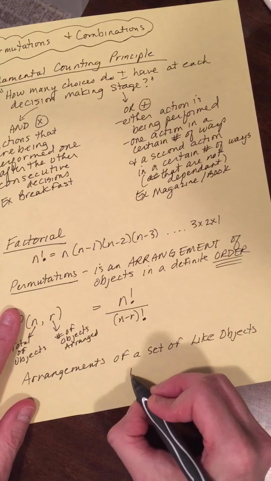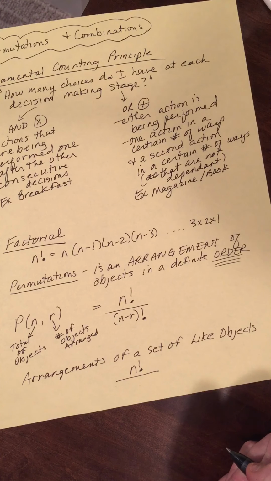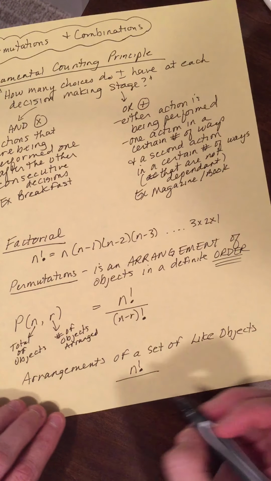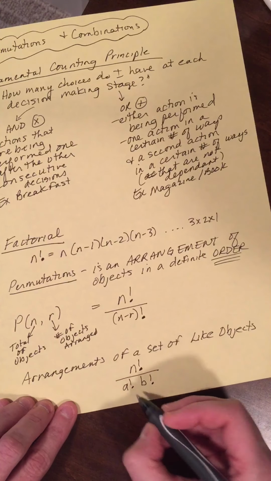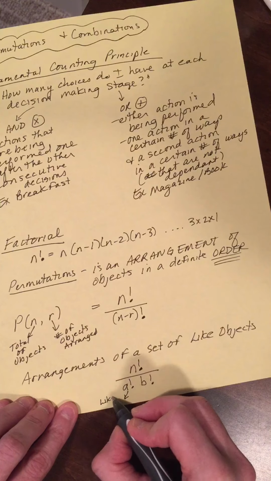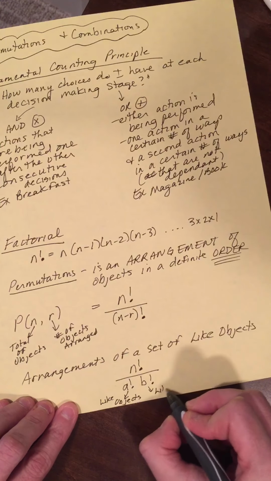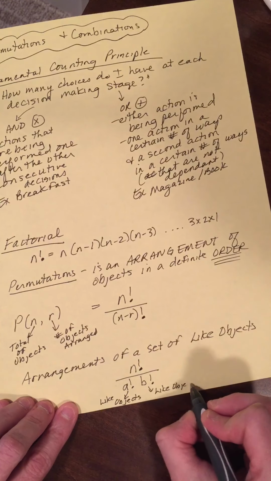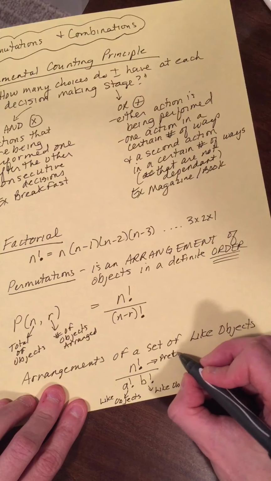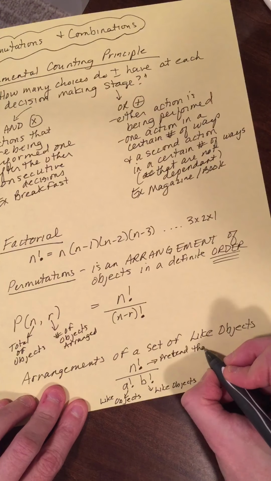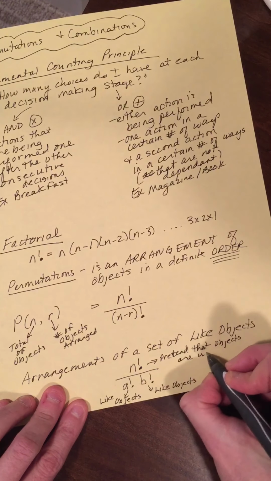And the formula for that went, let's pretend like all the arrangements are unique. All the letters in Mississippi are unique. And factor out, divide out the like objects, the repeats. Let's write that in. Pretend that objects are unique.